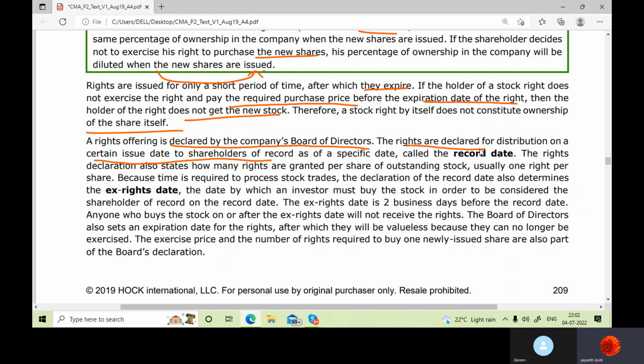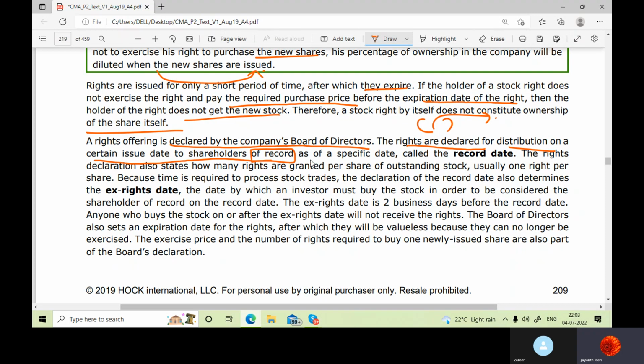One day the company will declare that they are going for a rights issue, and the rights are declared for distribution on a certain issue date to shareholders of record, like the ones whose name is with the company, because you know the shares can be sold to a number of people, but the company has some records of shareholders as of a specific date called the record date.